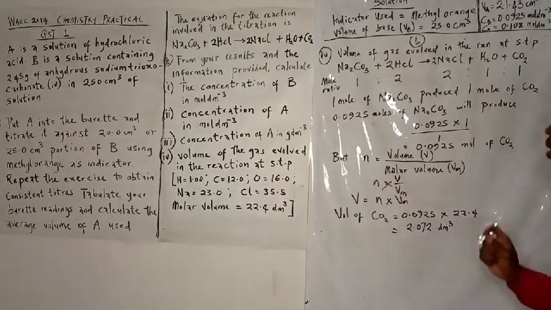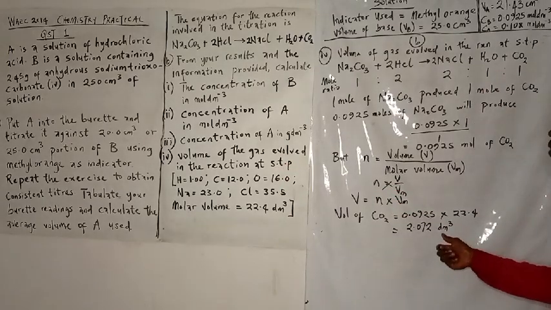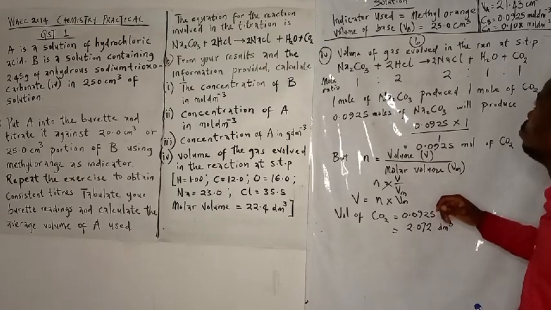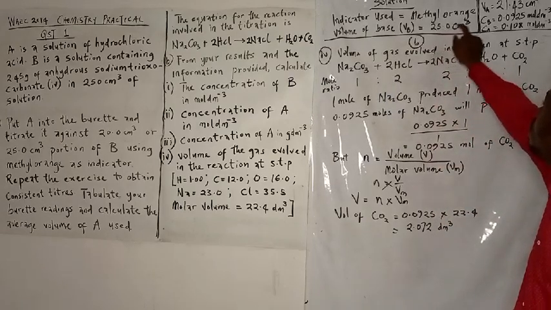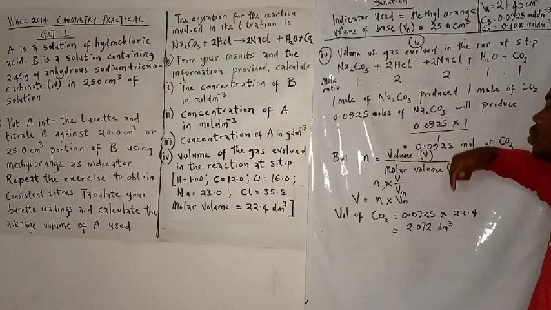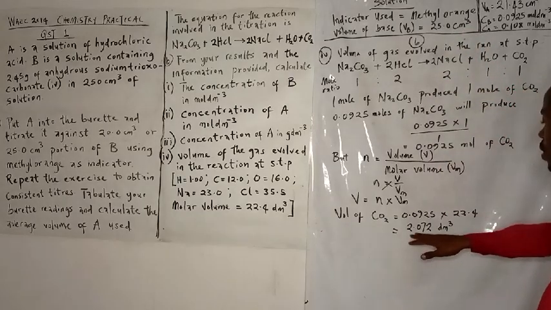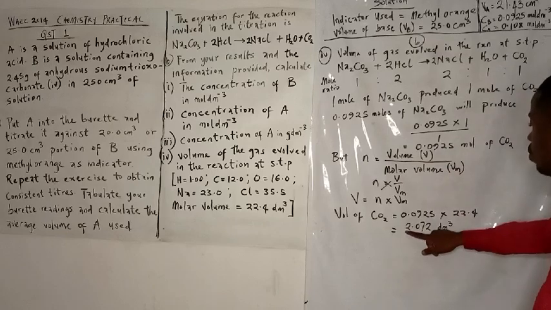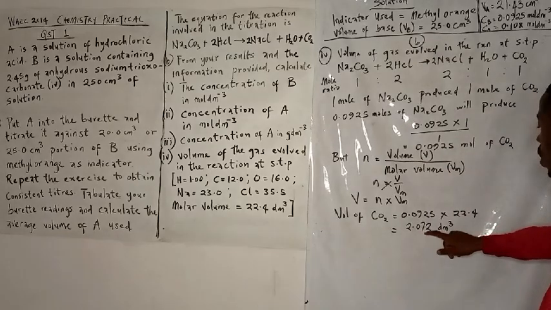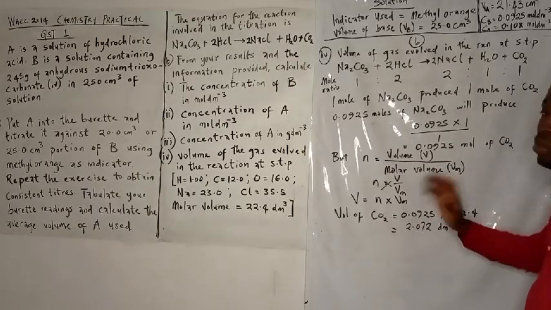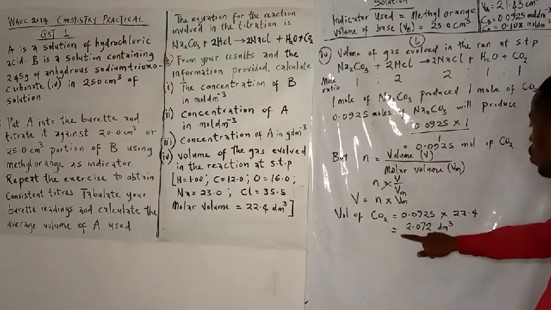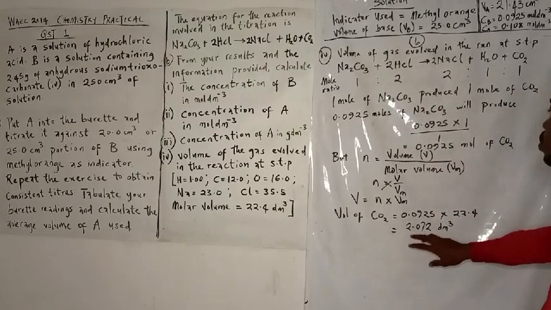And remember that dm cube means 1000 cm cube. In the reaction, we use 25 cm cube of the base. But this is telling us that in 1000 cm cube of the base, we will have this volume of carbon 4 oxide liberated. That's what this means.